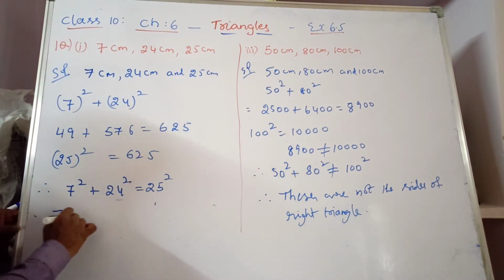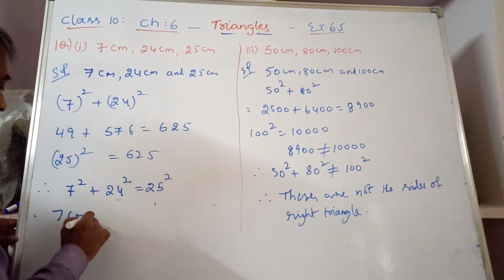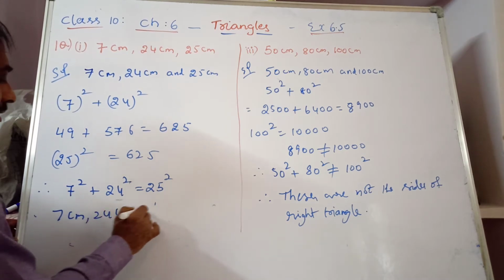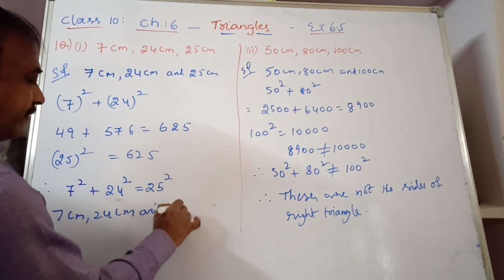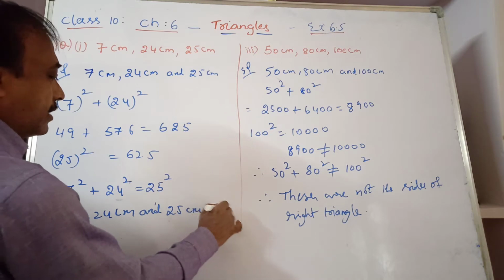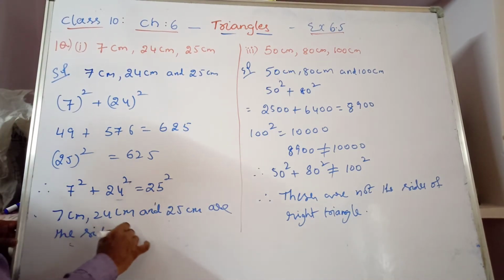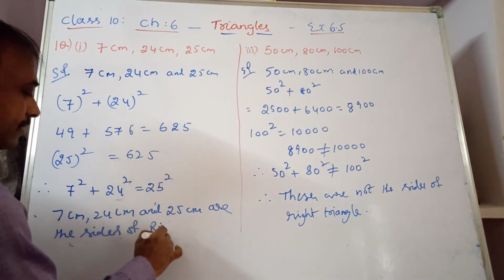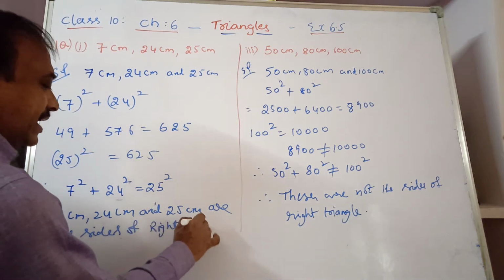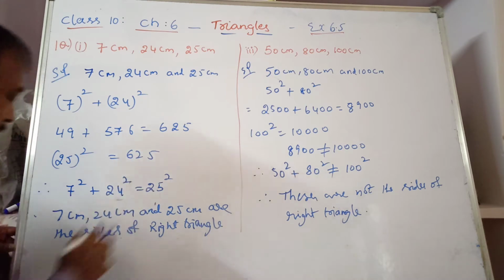So 7 centimeter, 24 centimeter and 25 centimeter are the sides of a right triangle. If they are a right triangle, then you have to write the hypotenuse.